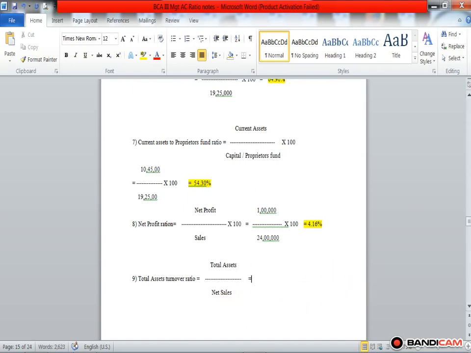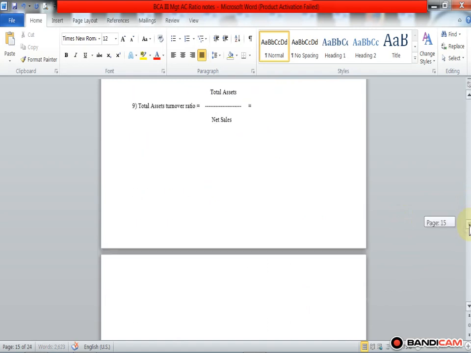So find out the total assets of the organization. How do we find the total assets? Here we write some working notes. Total assets is equal to fixed assets plus current assets.